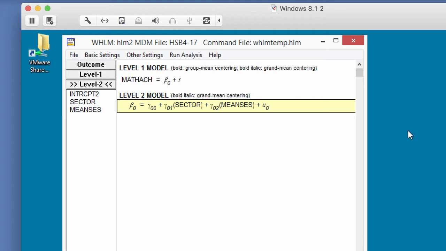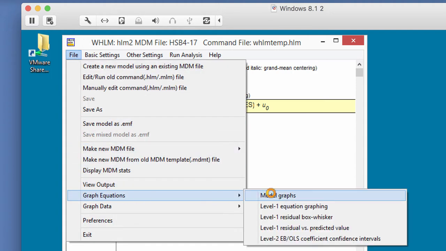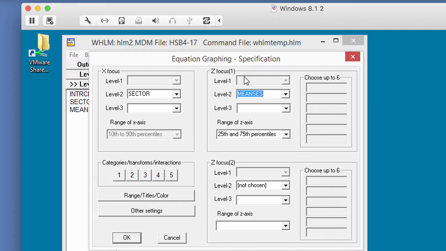So there's a couple ways we can look at this in our graphs. If we go to graph equations and model graphs, we can put in sector and mean SES here at level 2 in our Z focus.